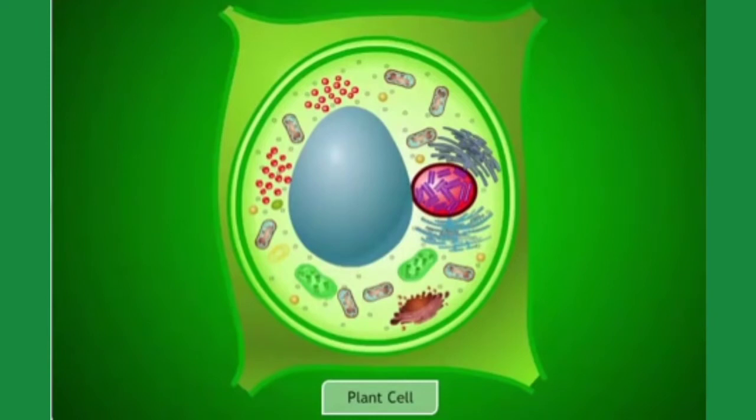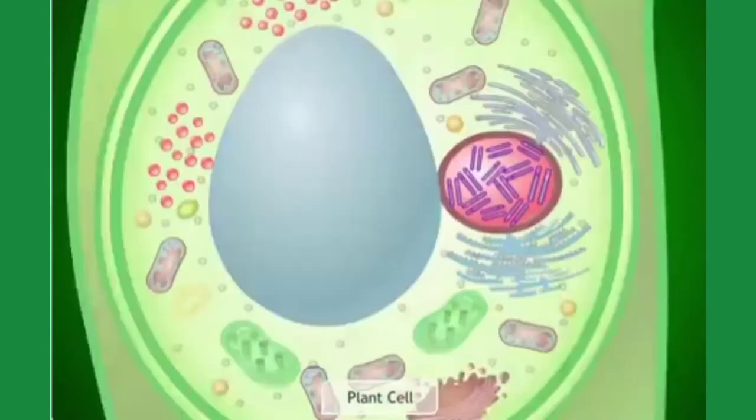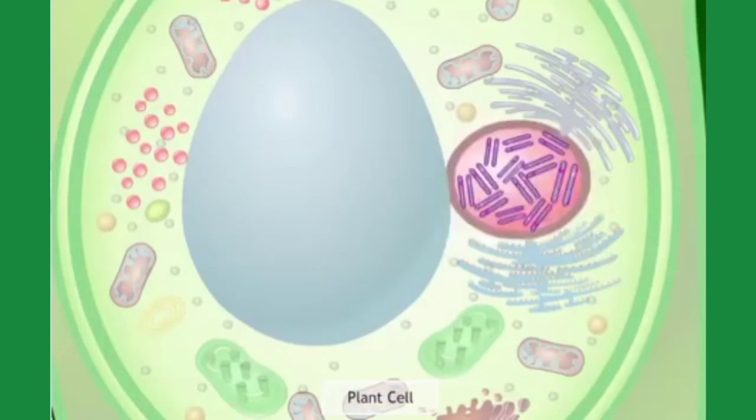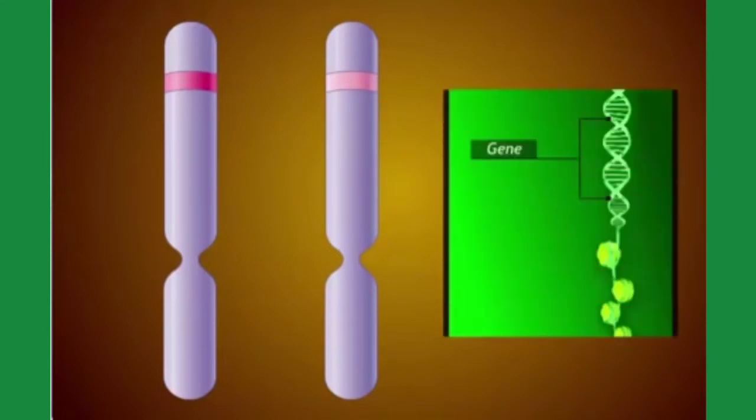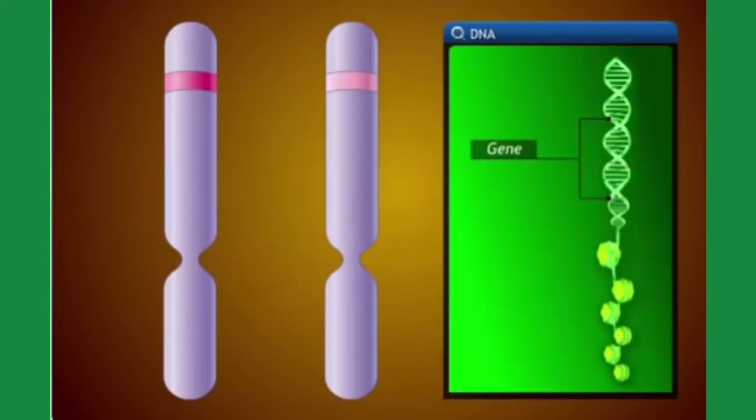Let's look at some of the most important terms in heredity and variation. The word gene comes first. It is the DNA segment of the chromosomes. Genes control the expression of characteristics. Genes were called factors by Mendel.